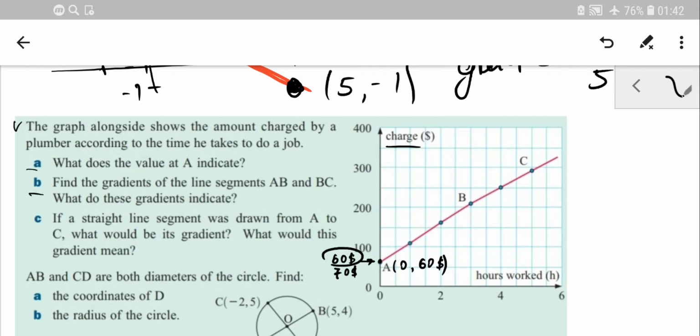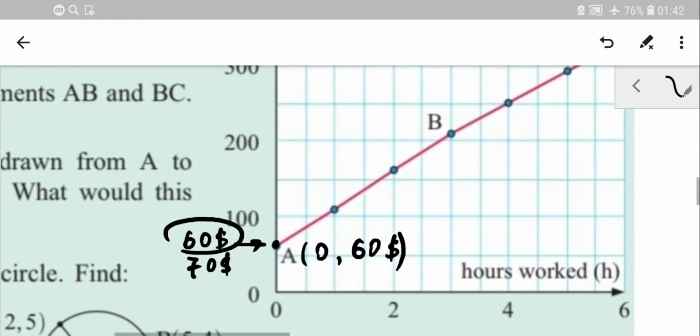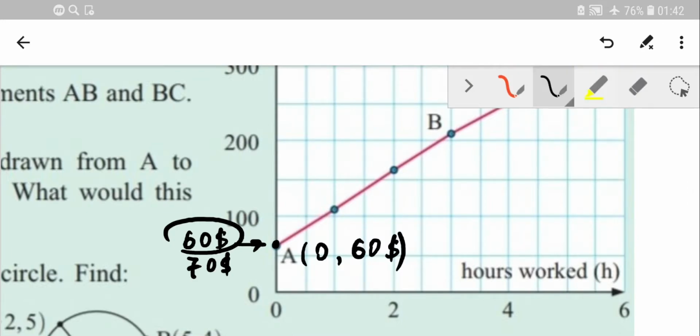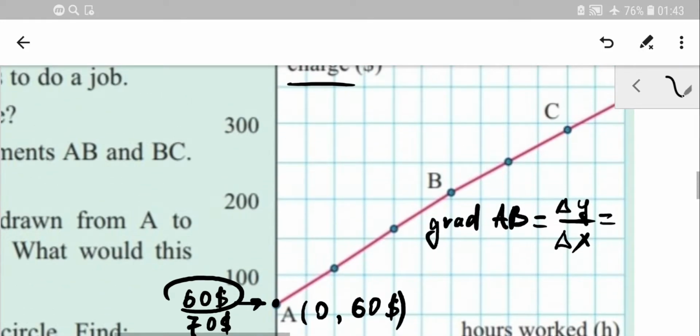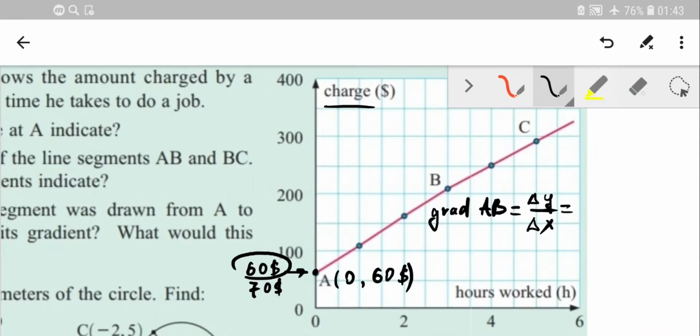So B: find the gradients of the line segments AB and BC. Obviously AB is a straight line. In order to determine the gradient AB, we do it just by definition: change in y over change in x.